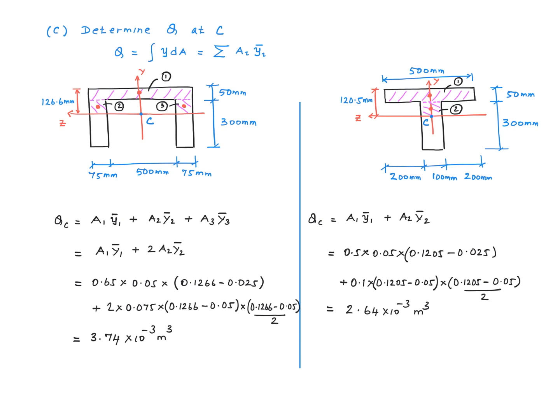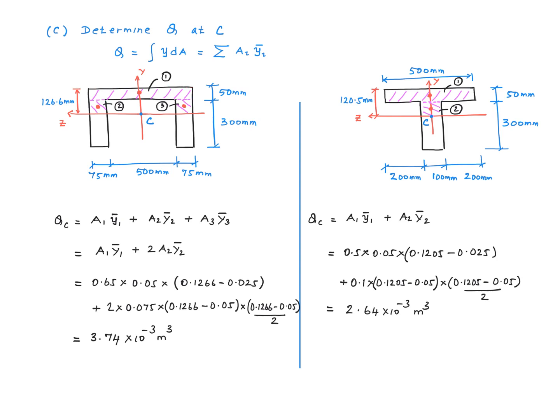And here A1, A2, A3 are the areas of the sub-rectangles. Y1 bar, Y2 bar, and Y3 bar are the distances along the y-axis to the centroid from the z-axis. Since areas 2 and 3 are identical, both in area and the distances to the centroid, we could combine these two and call this 2 times A2 times Y2 bar.